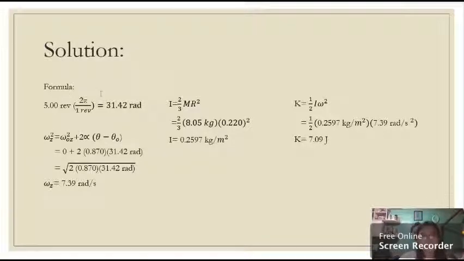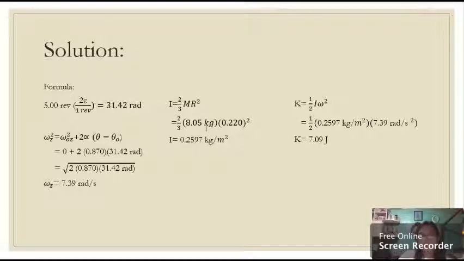This one's 0 because it initially starts at rest according to the problem. So 2 times 0.870 times 31.42 rad. We have a square root there because it is squared on the other side. And then we got 7.39 rad per second.